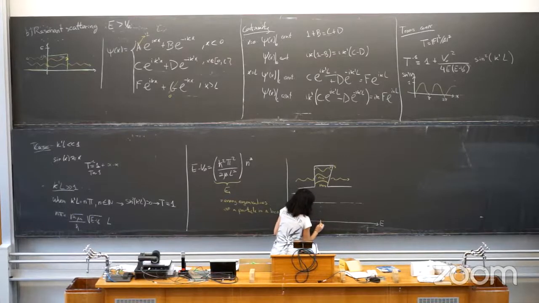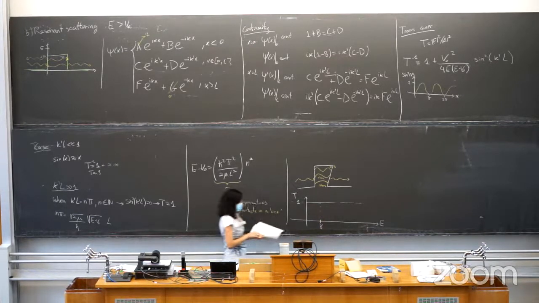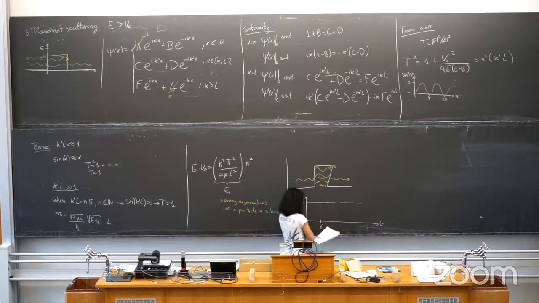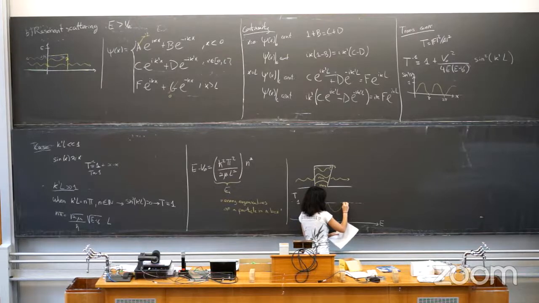So for E smaller than V0 is what we saw before. It was the case we did in the first half. So it would go something like this. And now it comes there and it goes down. And it comes there. Oh, let me do it a bit narrower. Comes there and it goes down. And it doesn't go down as much now.